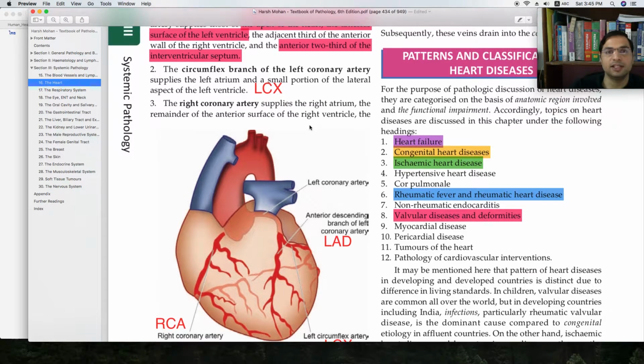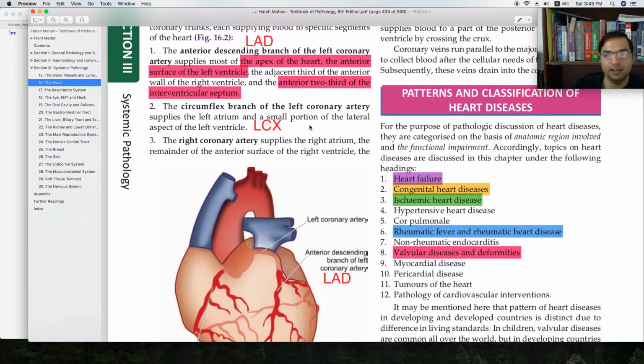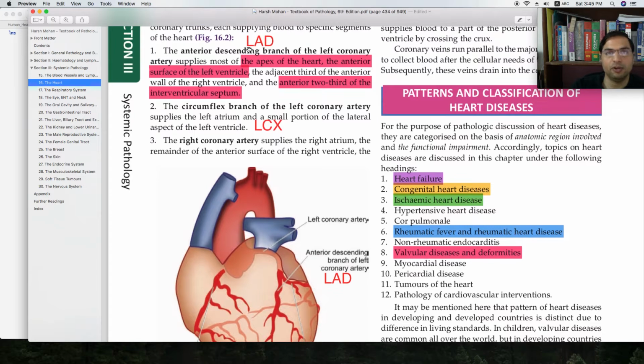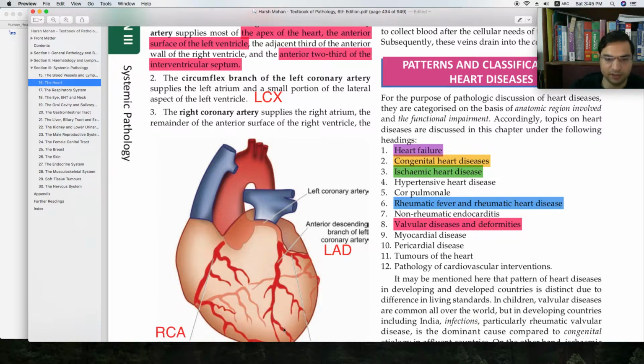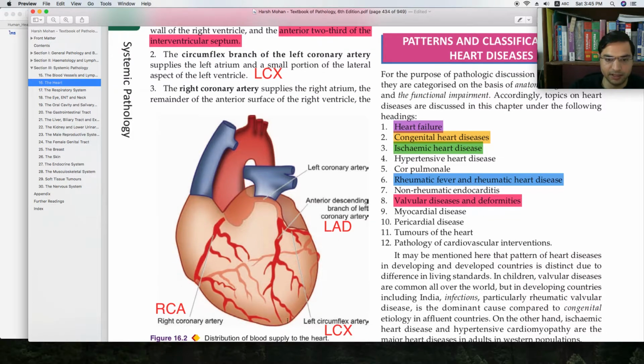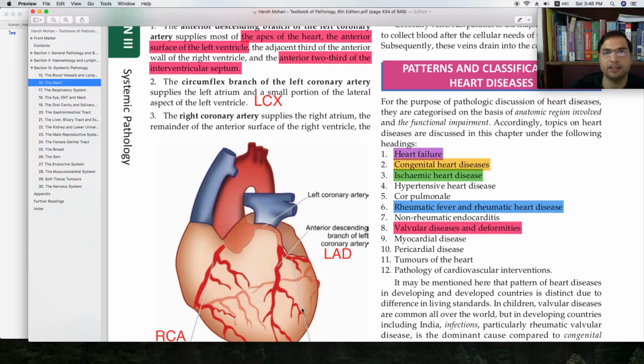So this left anterior descending branch, LAD, of the left coronary artery, it supplies blood first to the apex, the pointed dome of the heart. It also supplies the anterior surface of the left ventricle.